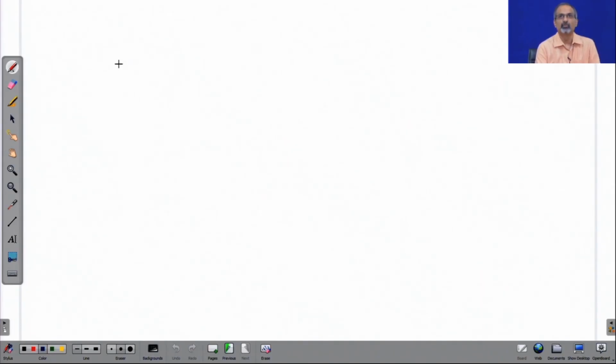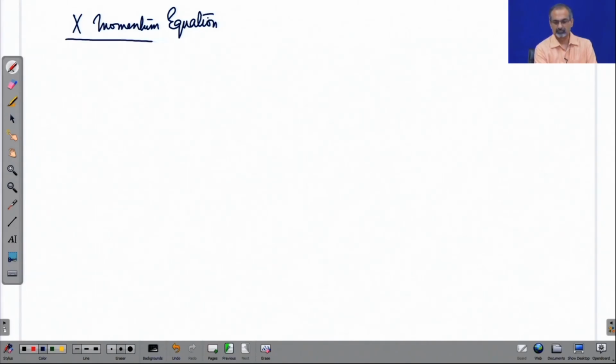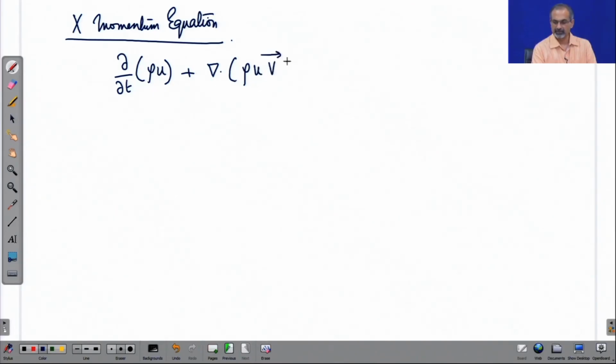Let us do it for the momentum equation next. We will take the x momentum equation. First, let us write down the x momentum equation again as it is valid at a point in the flow field, that is the differential form of it.